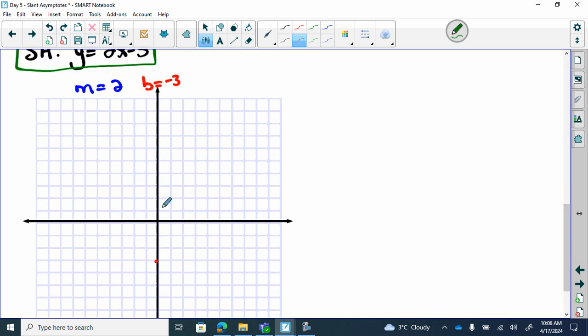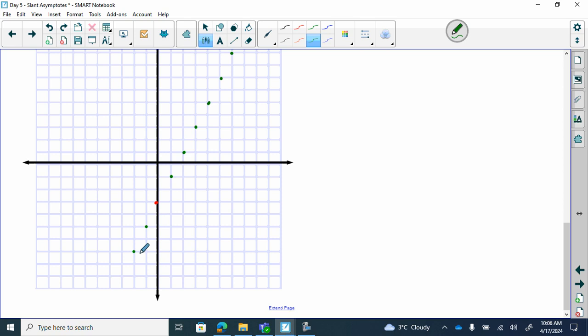So I put the y-intercept on. And then I'm going to use my slope. I'm going to rise 2 and run 1. Up 2, right 1. I could also go down 2, left 1. Okay?